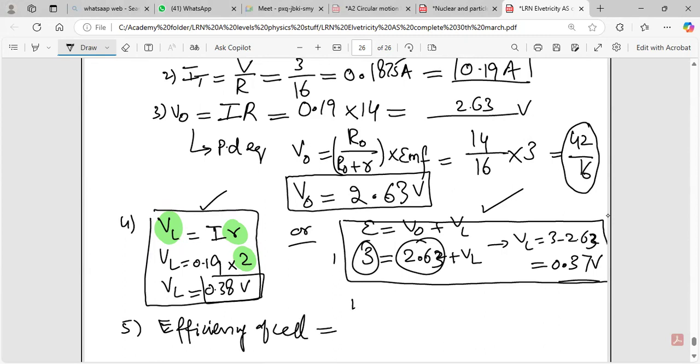We know that efficiency is equal to useful output over total input multiplied by 100.